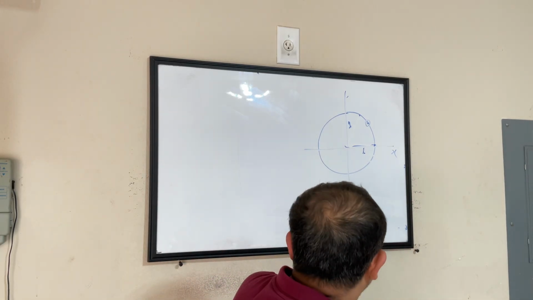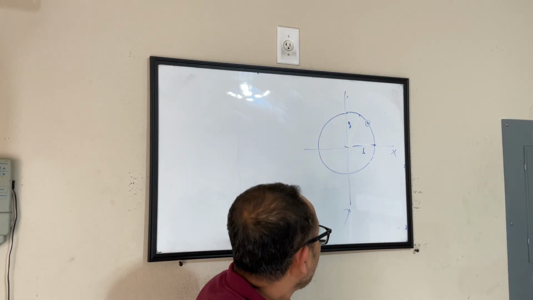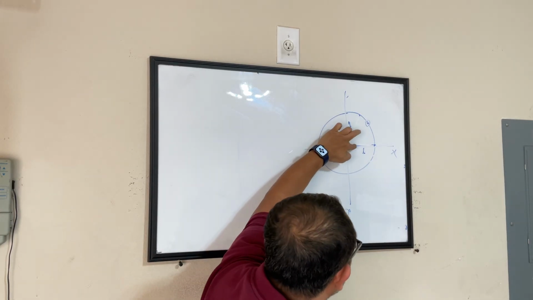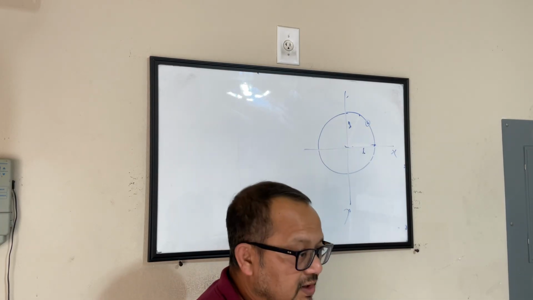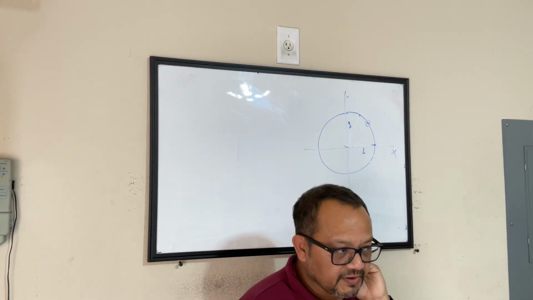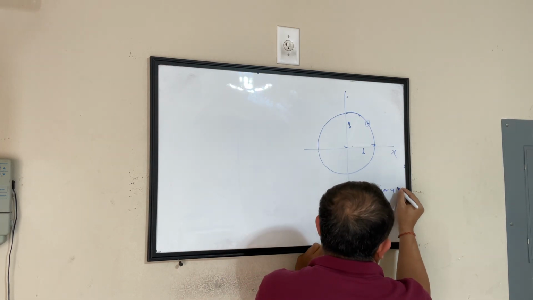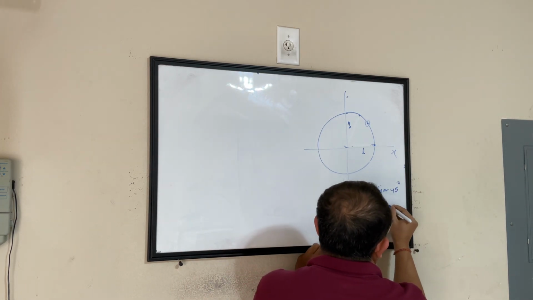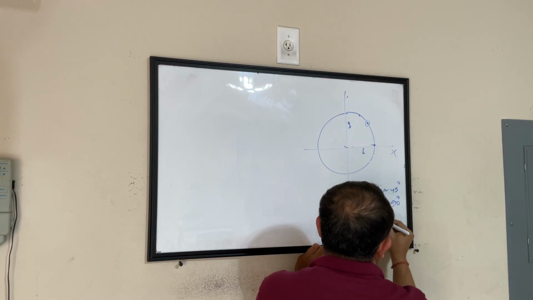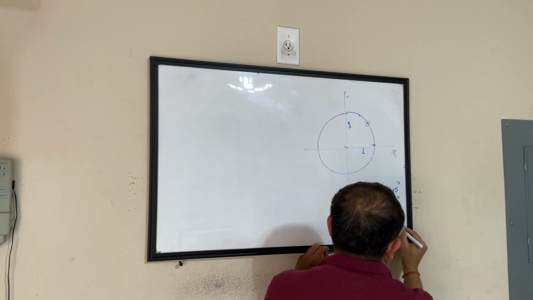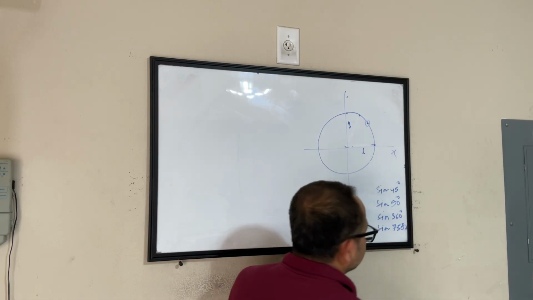Sorry. So this is a unit circle, and we are trying to find out how do we determine the different values of sine theta and cos theta for different angles. Let's say if somebody says find out sine of 45 degree, find out sine of 90 degree, find out sine of, let's say, 360 degree, find out sine of 720 degree or 750 degree, let's say.